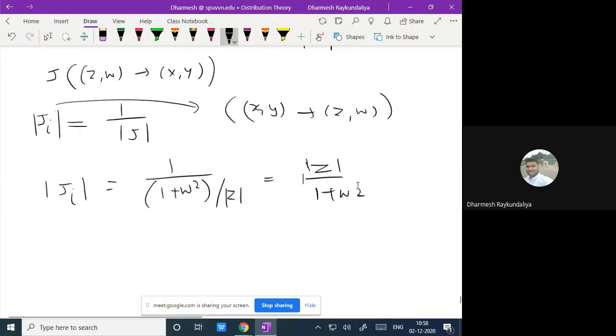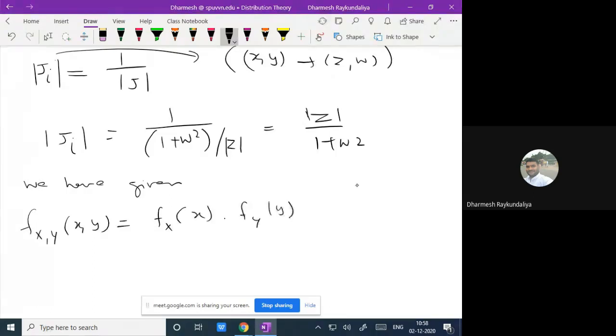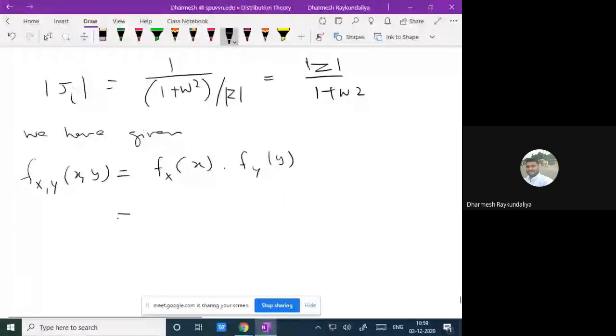So what is given? We have f of x, y. Because x and y are independent, we can write it as f of x into f of y. And x and y are given as normal 0, sigma square.